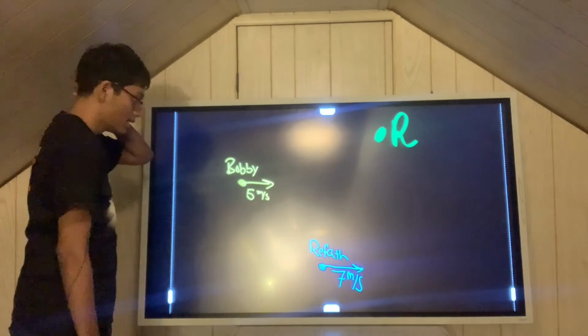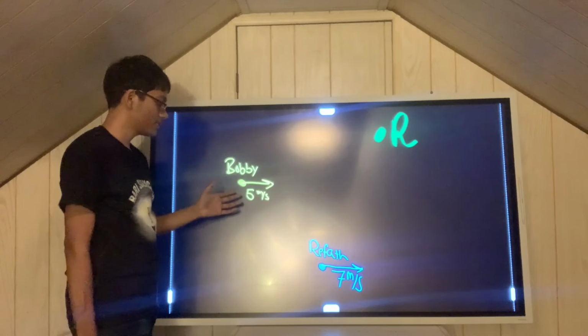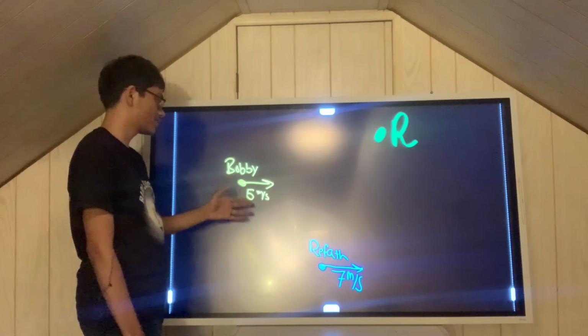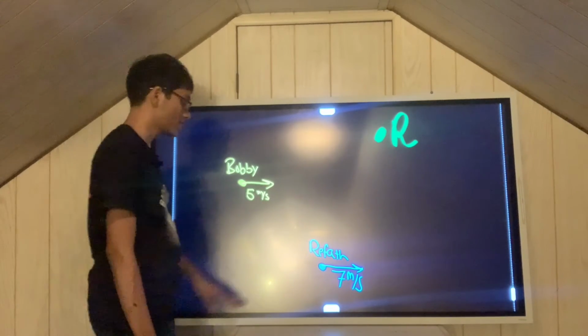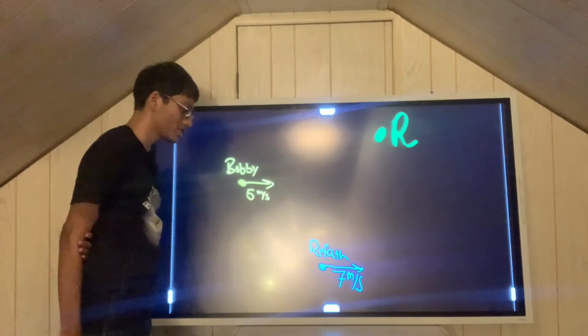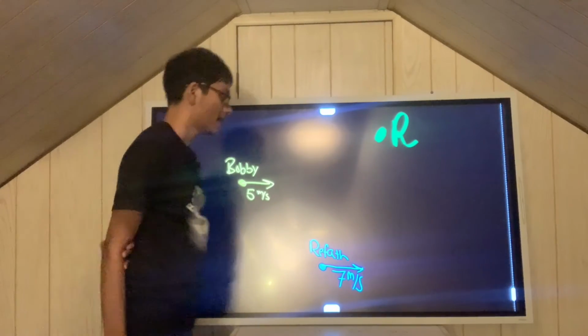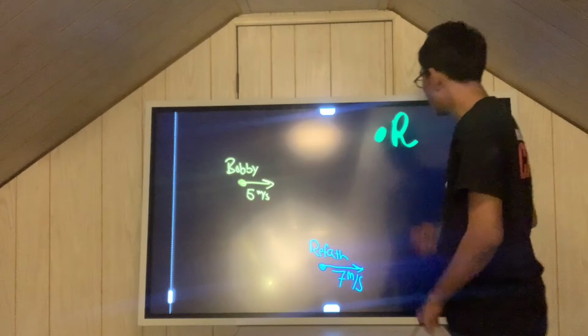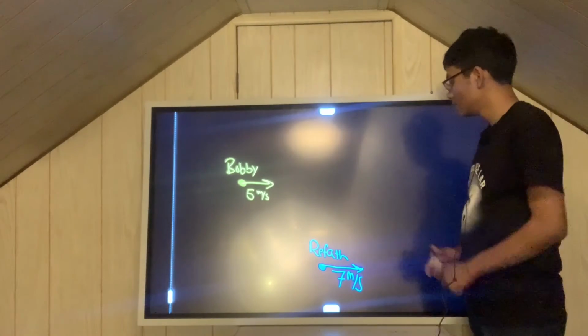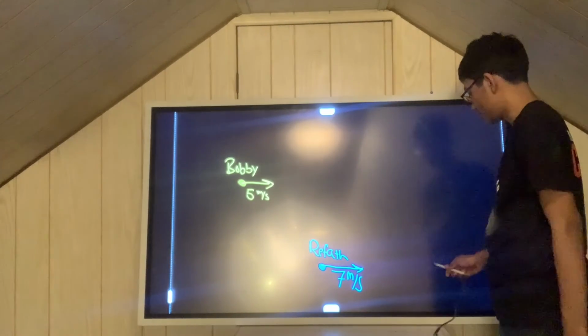So Bobby's moving at a constant velocity of 5 meters per second in just the horizontal direction. Rifat's moving in the same direction, 7 meters per second, once again at constant velocity and in just the horizontal direction.